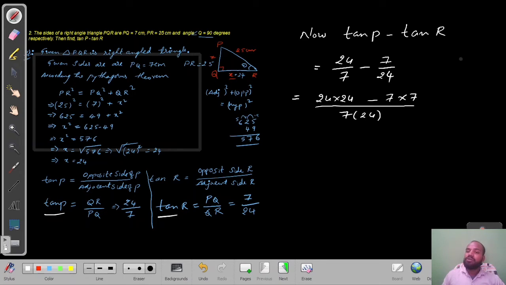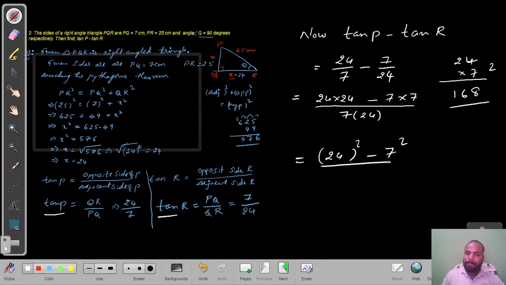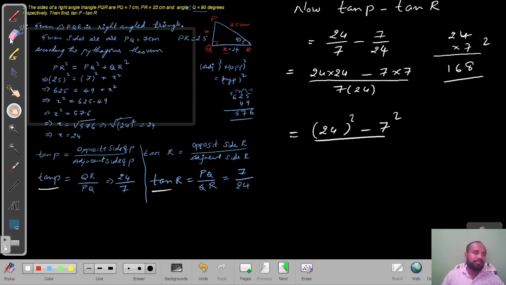What is the value here? 24 into 7: 7 fours are 28, 7 twos are 14, 14 plus 2 is 16, so 168. Now we can write 24 square minus 7 square by 168.